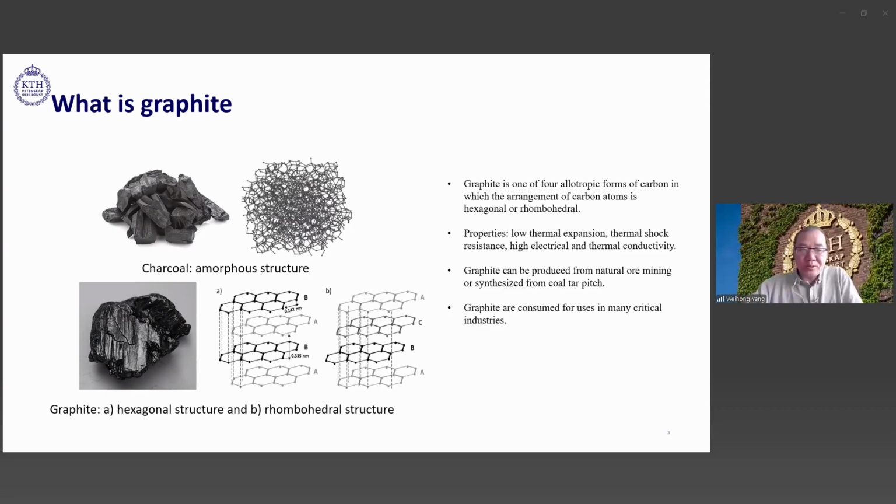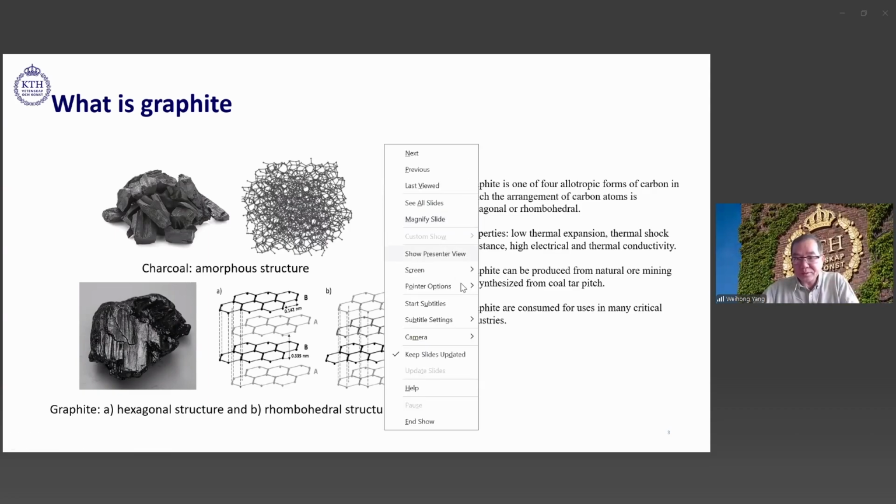So, what is graphite? Of course, we understand it very well. Normally you have charcoal or biomass, where the structure is not very well organized.